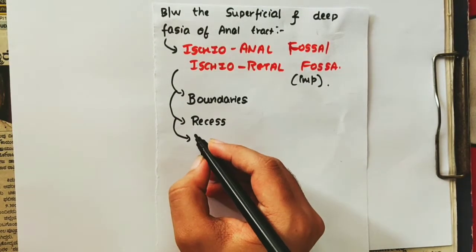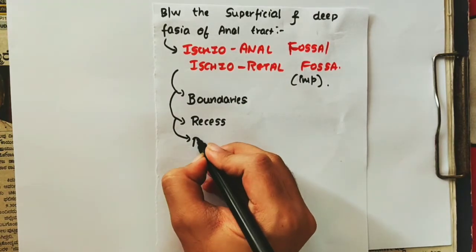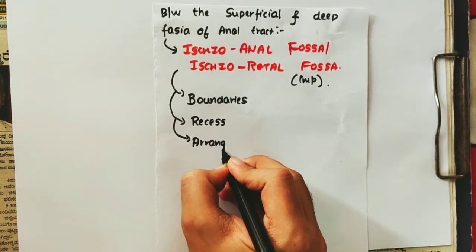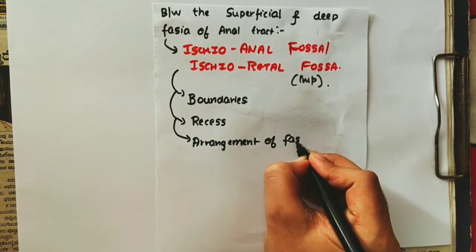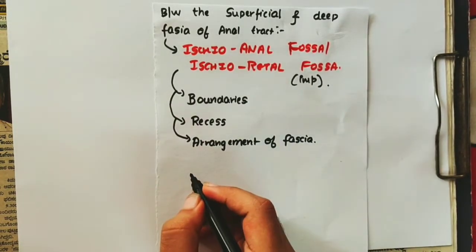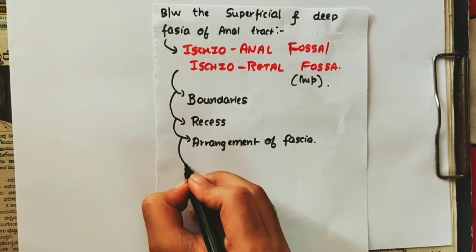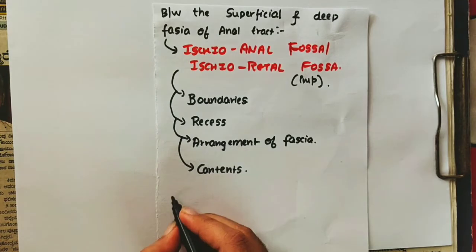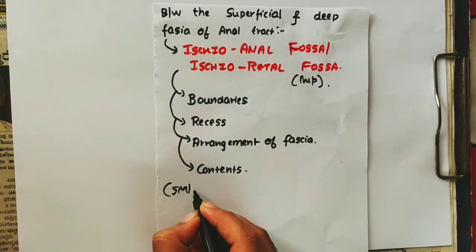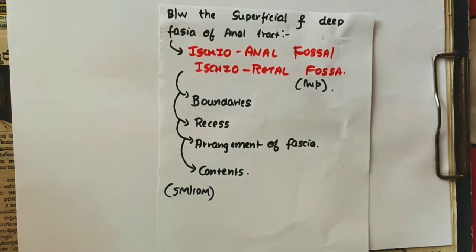Then they'll be asking about the arrangement of fascia, and then about the contents. So these four are very important topics, usually asked for 5 or 10 marks.